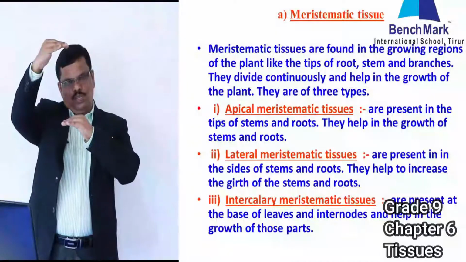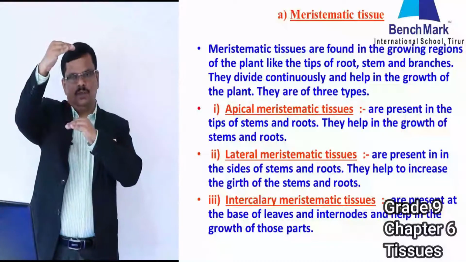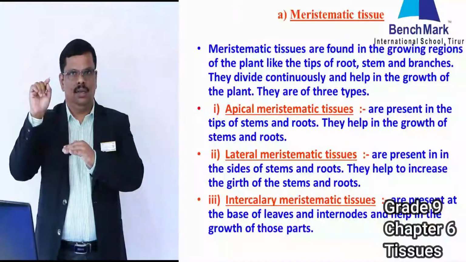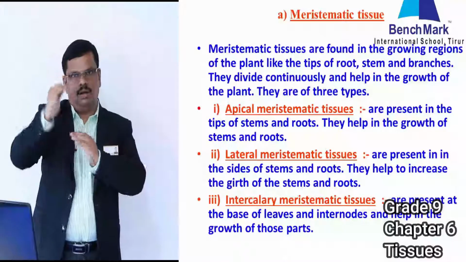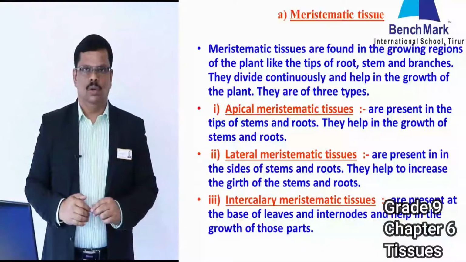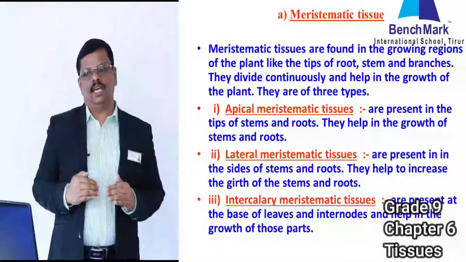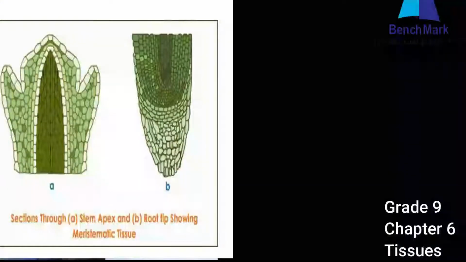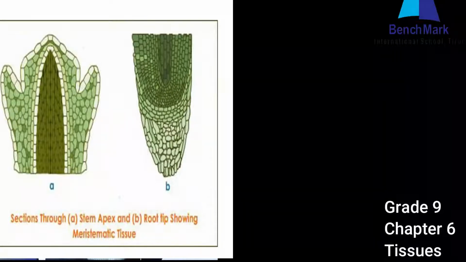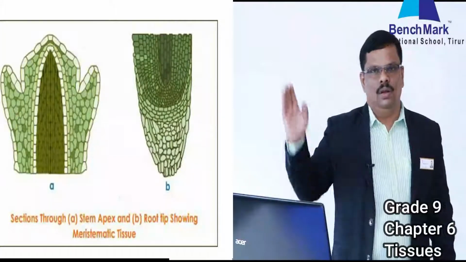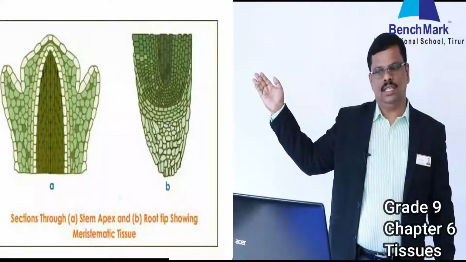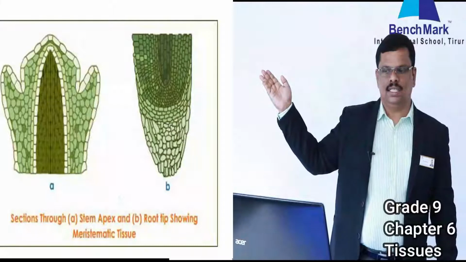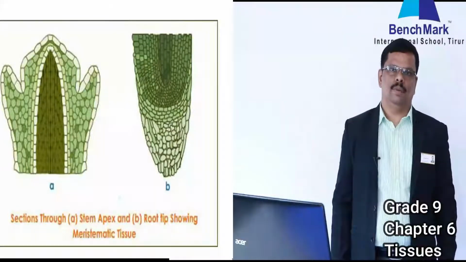And the space between two nodes, first node, second node, N-O-D-E, node, in between that, is called internode. So this meristem, that is intercalary meristem, is present on the nodal area as well as in between the two nodes, internodes. Look, these are sections of stem apex as well as root tip, showing the meristematic tissue.